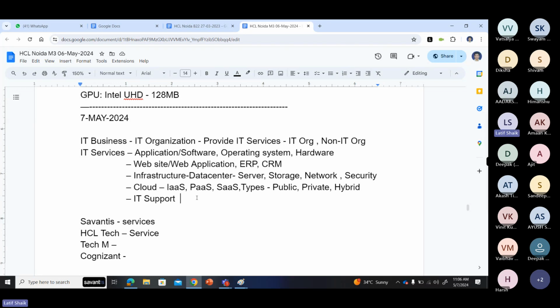In Savantis, we supported an organization called Southco. Southco is actually SAP based, and those SAP servers are running on the AWS cloud. From Savantis, we provided support to this Southco organization. We are maintaining their servers in the AWS cloud.